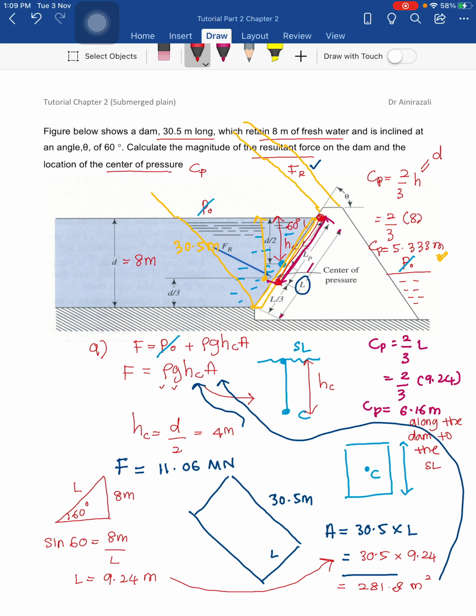But if you use the other value, 5.33 meter, you have to write this 5.33 meter vertically from the surface to the center of pressure.